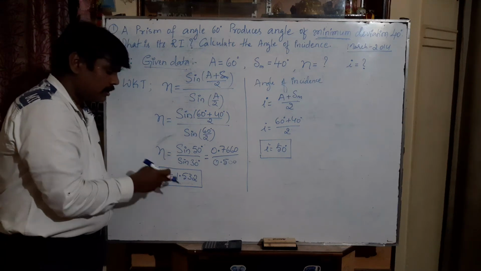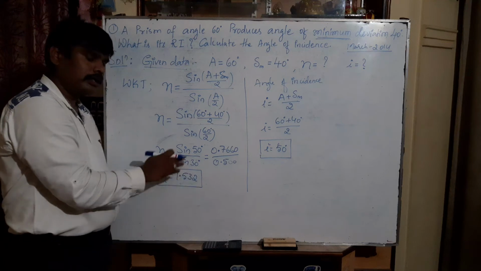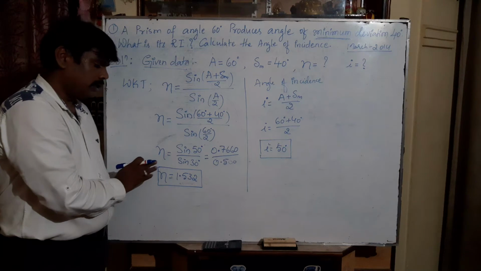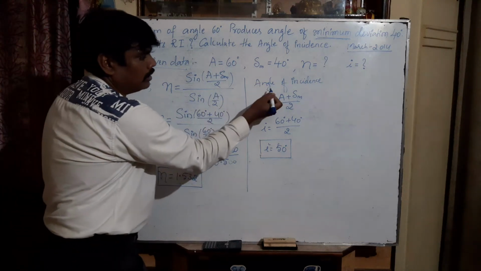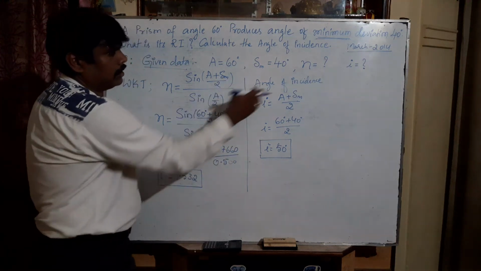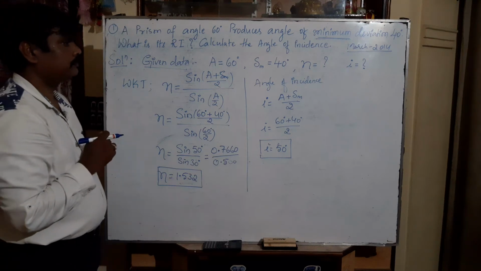Simplification, 1 mark. And the proper answer, whether the unit is required or not, is important. Here the unit is not required. For that it is 1 mark. So it is 4 marks for this step, and another 1 mark you will get for the angle of incidence. So this is the 5 marks question.